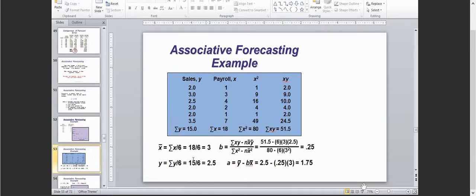And also, we need to find the y bar here. Please put in your slide the value.